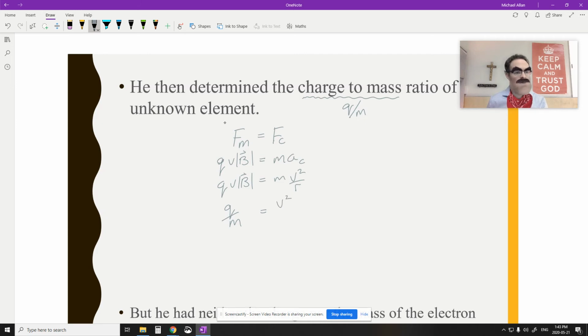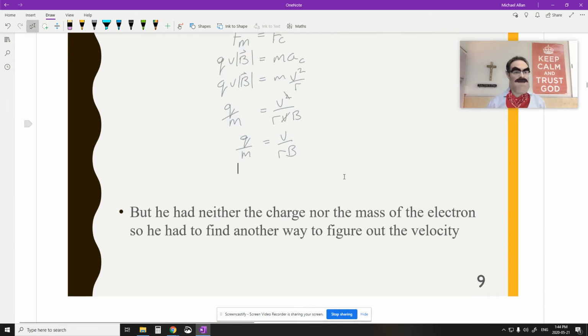It's got V squared over R, there's another V, and there's a B. So this V will cancel out with one of those. So he can determine the charge to mass ratio this way.